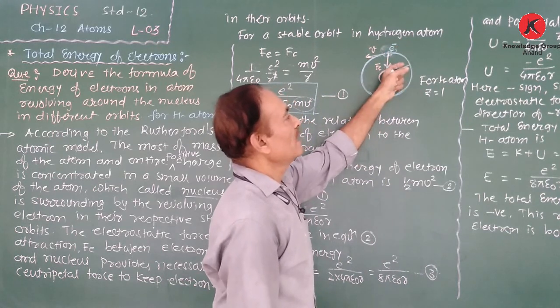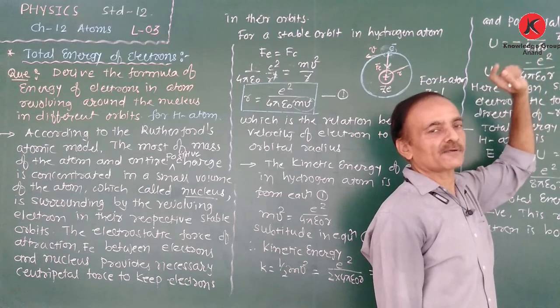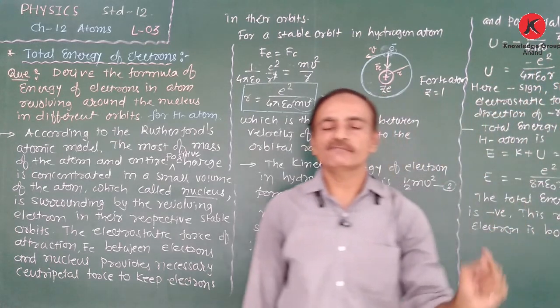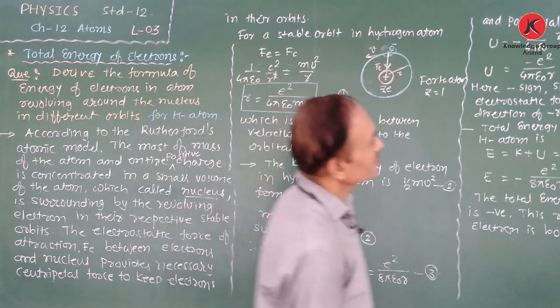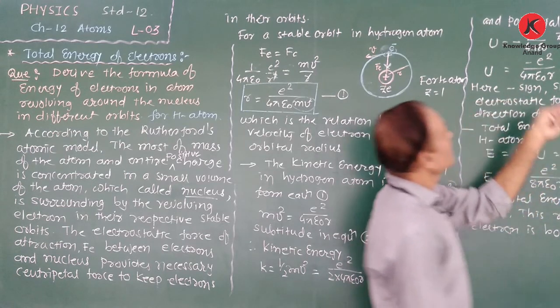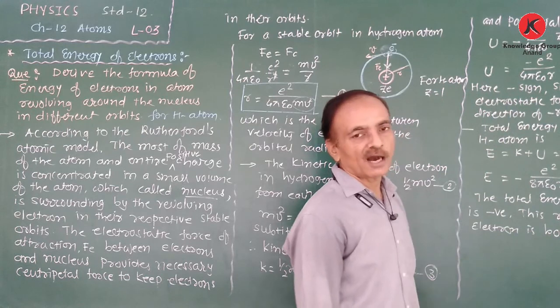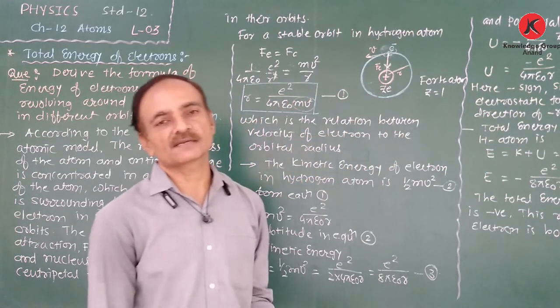It is minus 1 upon 4 pi epsilon 0 into Ze into e upon r square, into r. One r cancels, leaving only minus Ze into e upon r. For the hydrogen atom, substitute Z is equal to 1. Therefore, potential energy is minus e square upon 4 pi epsilon 0 r. That is our equation number 4.